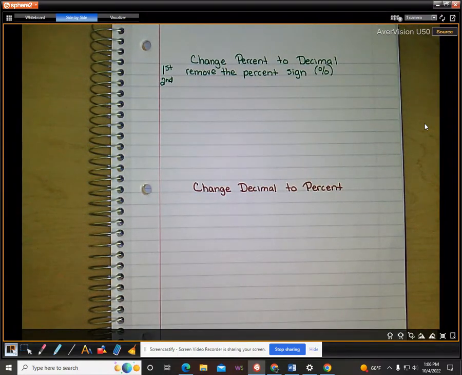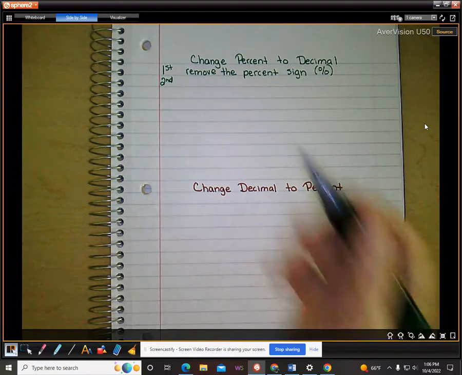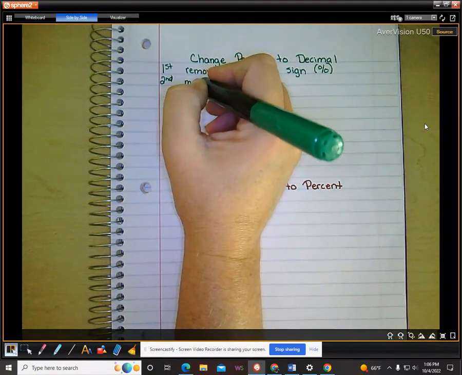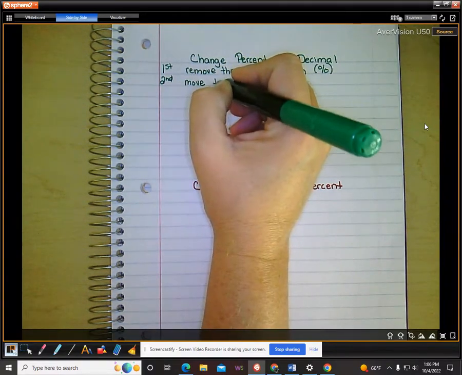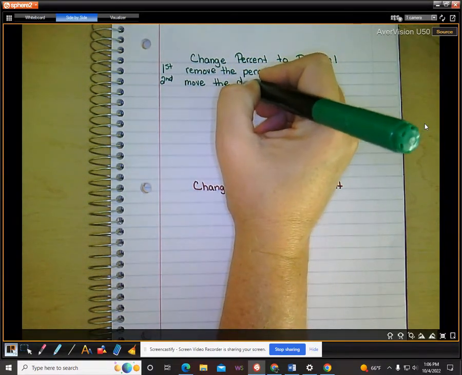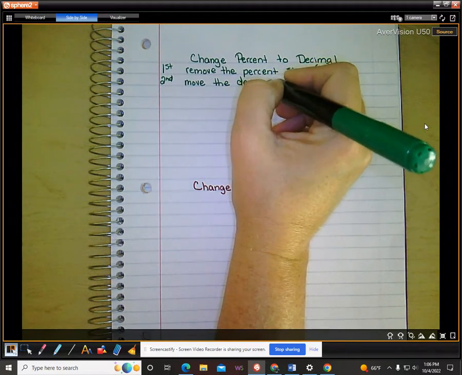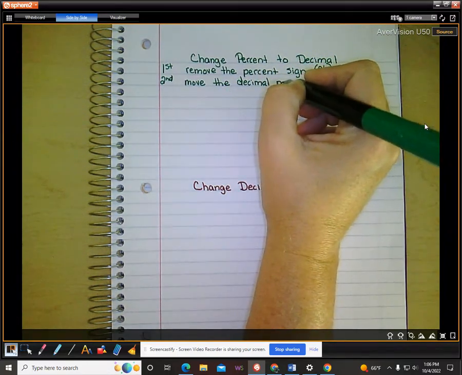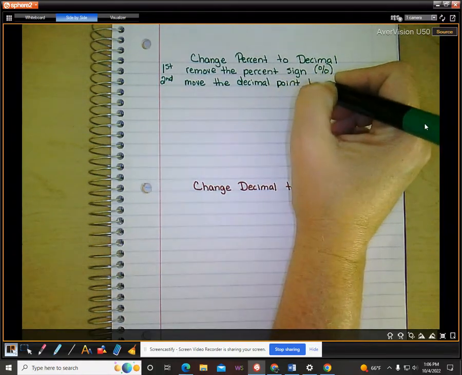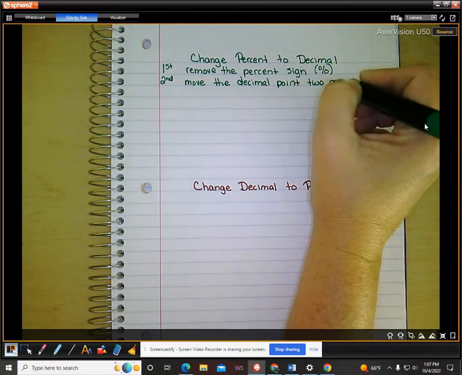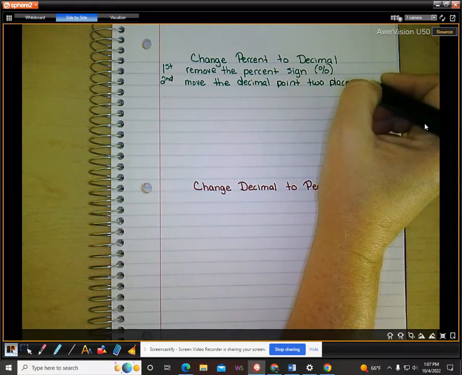Then you are going to simply move the decimal point 2 places to the left.